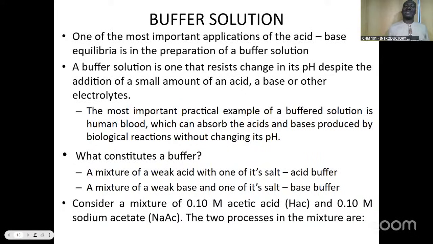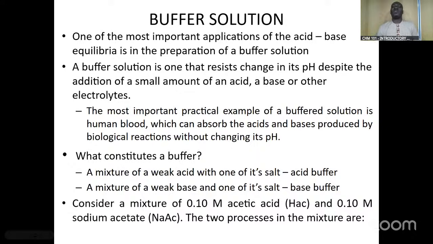One of the most important applications of the acid-base equilibrium is in the preparation of what is known as buffer solution. I want to encourage my students, especially those in biological sciences, microbiology, agric, biochemistry, maybe chemical engineering.